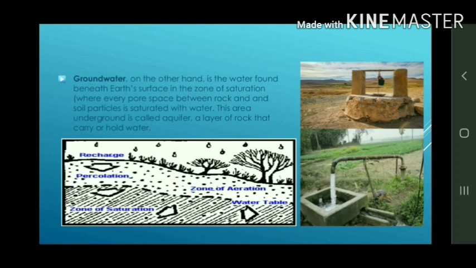As it travels in the zone of aeration down to the zone of saturation and is distributed in the water table, the layers near the water table that hold a large amount of water are called the aquifer.